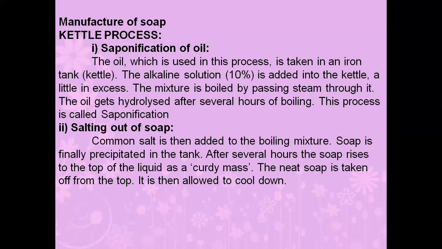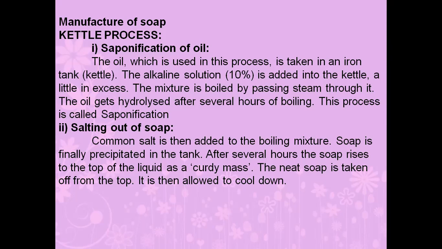The oil used to make soap is put into an iron tank, that is a kettle, and alkaline solution 10% is added and we pass steam through it. The oil is boiling. After a few hours the oil is hydrolyzed, and that process is called saponification. A few hours later the common salt is added, and the soap is precipitated.